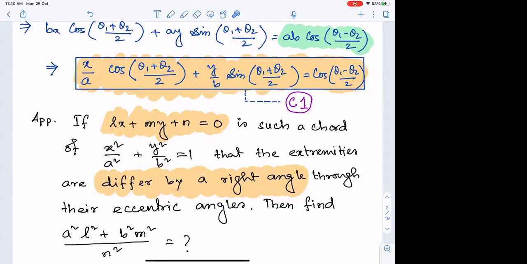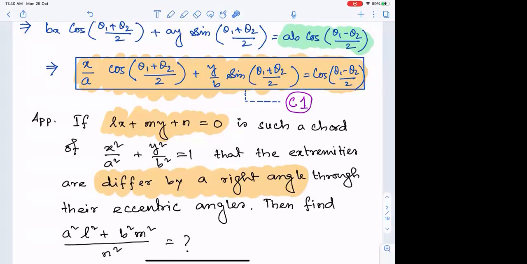So over here, what has been informed to us ahead of the chord information is that the extremities have their eccentric angles differing by a right angle. So you can consider theta 1 minus theta 2 is a right angle.